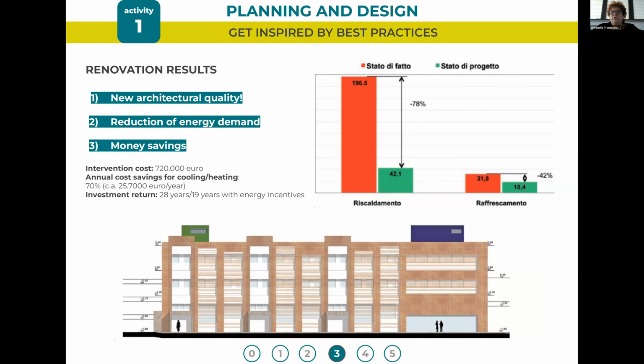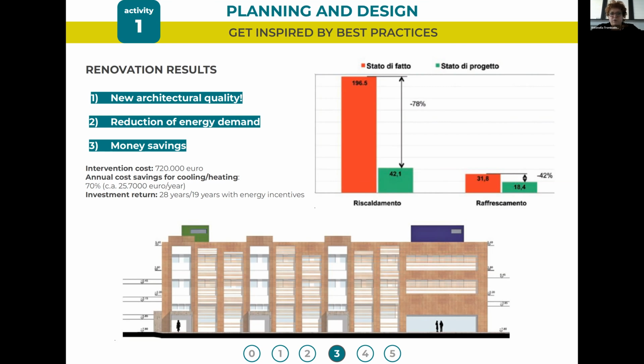In this way, comparing with the state of the art, it's possible to reduce the energy for the heating as well as the energy for the cooling, because this kind of passive solution, especially the intervention in the envelope, is very advantageous for both the winter season and the summer season in the Mediterranean country. So in this way, the costs are more optimized.